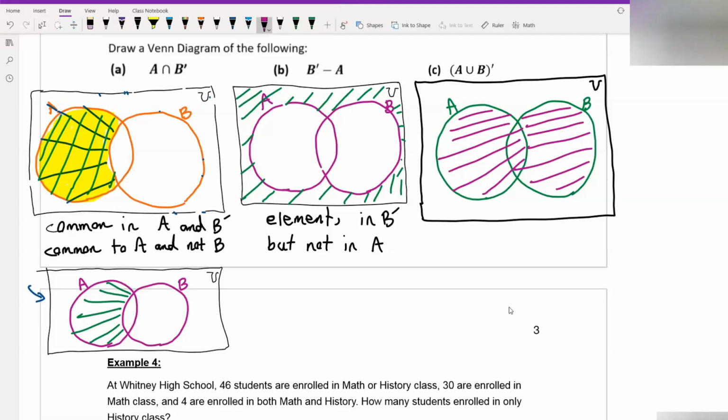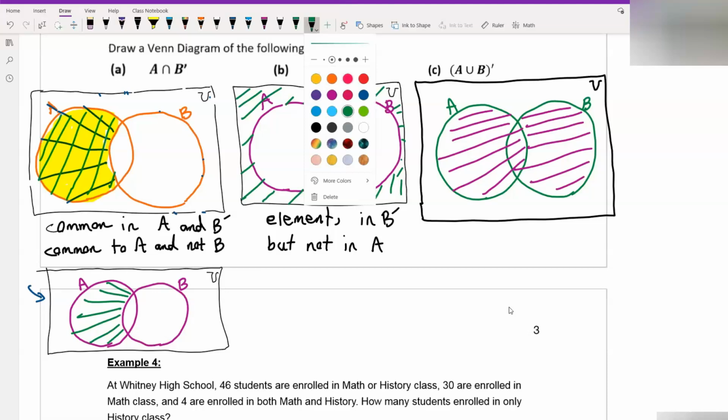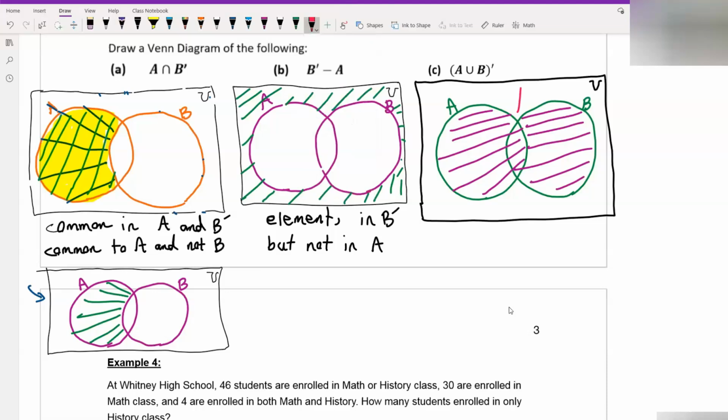And complement of this part is whatever doesn't belong to A and B. So all members outside of A and B. That's the final answer.